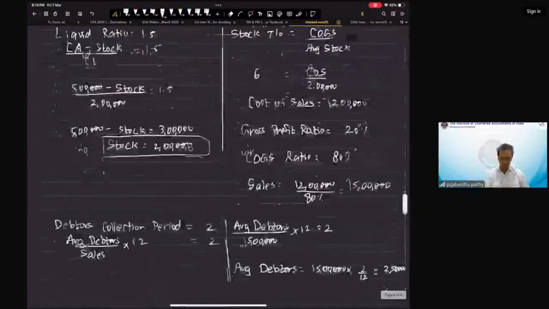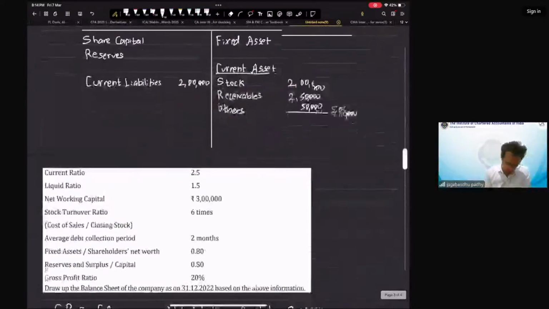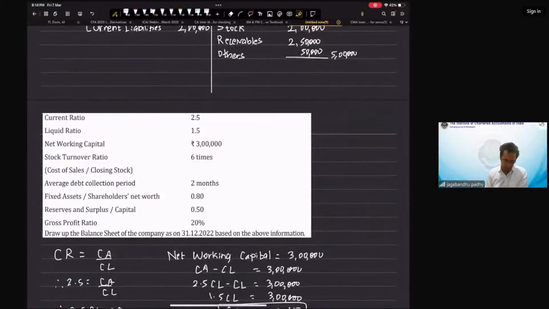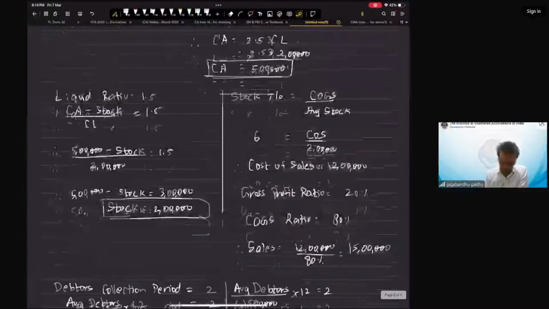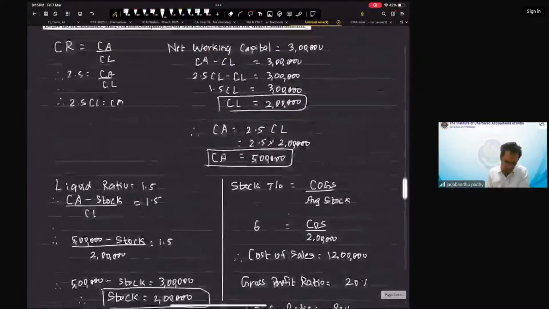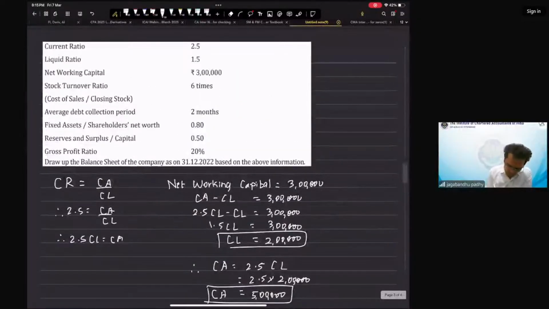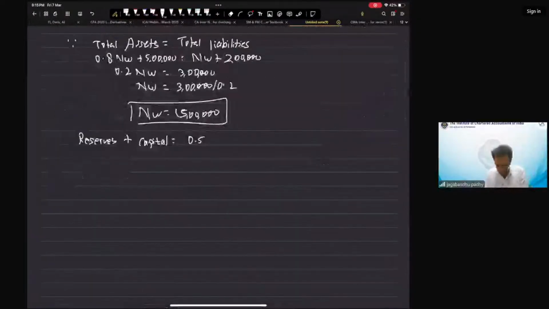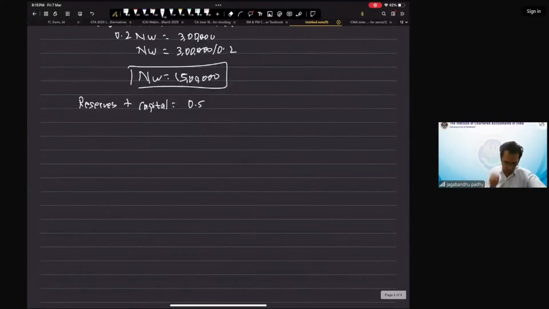Now against that 15 lakh, we've got a ratio: reserves and surplus to capital is 0.5.